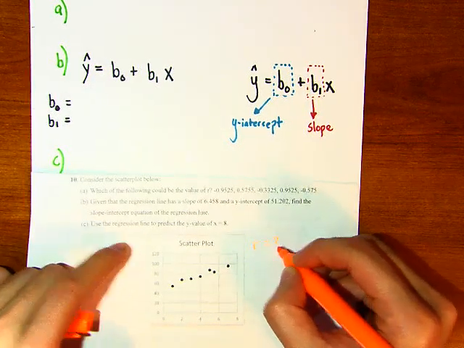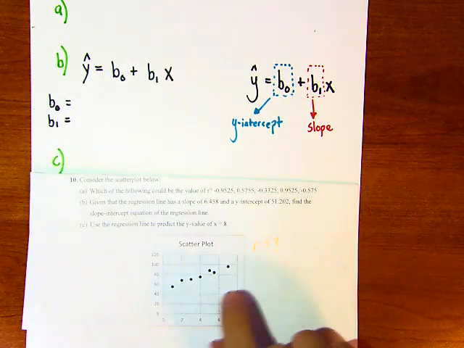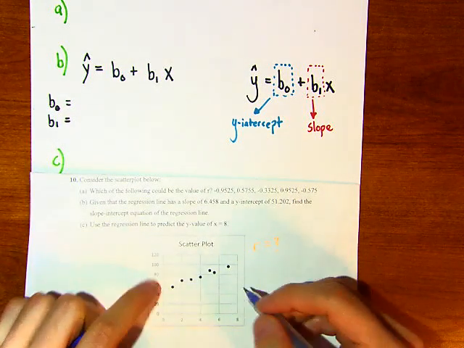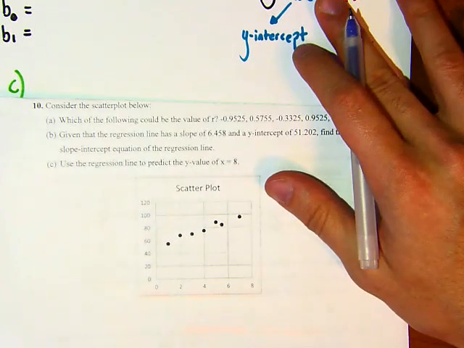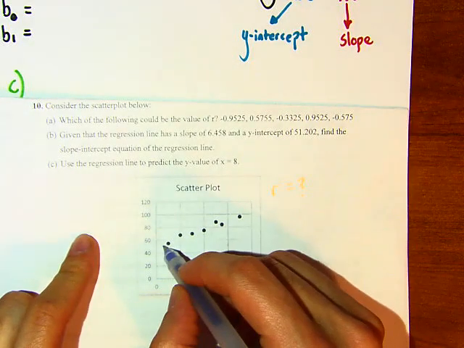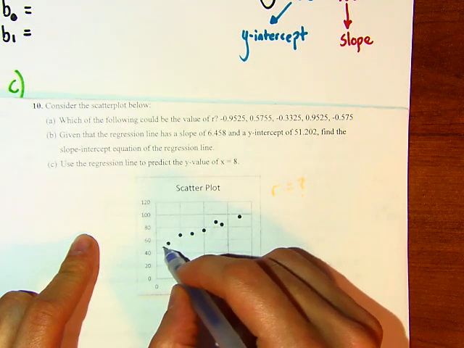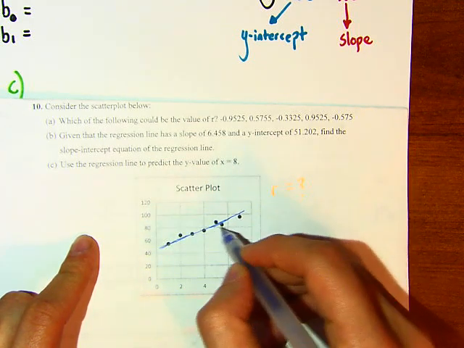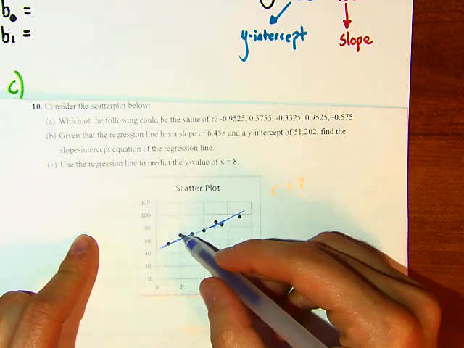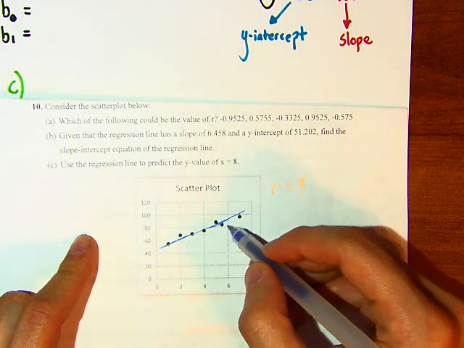R shows you how close the data values are to the line. If I were to draw a line from here to here, let me zoom in a little bit, a line that best fits, this would be my line of best fit. R calculates how close the data values are to the line.